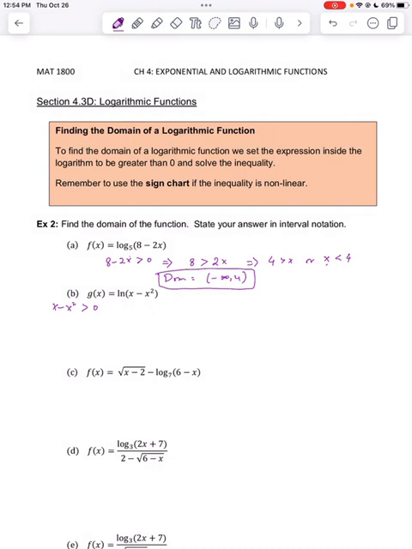Now as soon as you wrote it, you must notice that this is a quadratic inequality, so it shouldn't be solved like a quadratic equation. What we need here is a sign chart. So I will first factor.